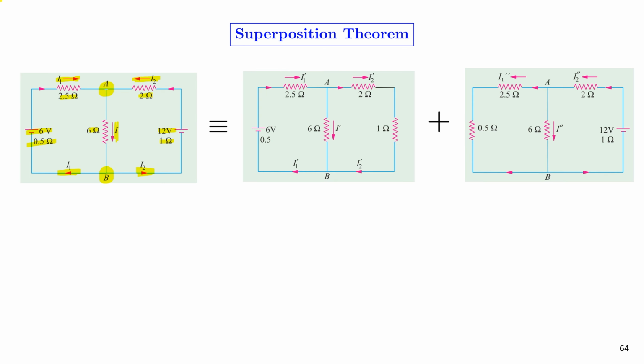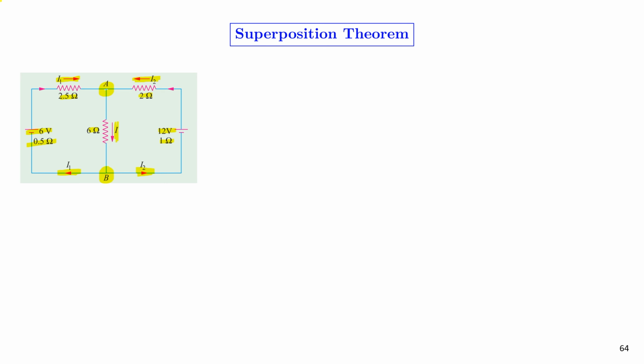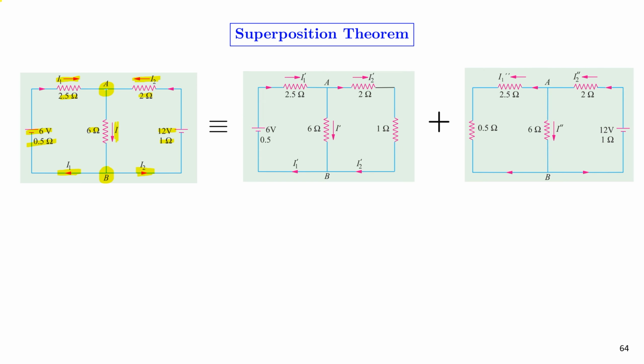Then what the superposition theorem states is that this circuit can be considered to be the superposition of two individual circuits with the power sources considered separately. That is, in the first circuit, we have only the 6 volt power supply having 0.5 ohms internal resistor, and the currents that are flowing in the circuit are I1 dash, I2 dash, then I dash.